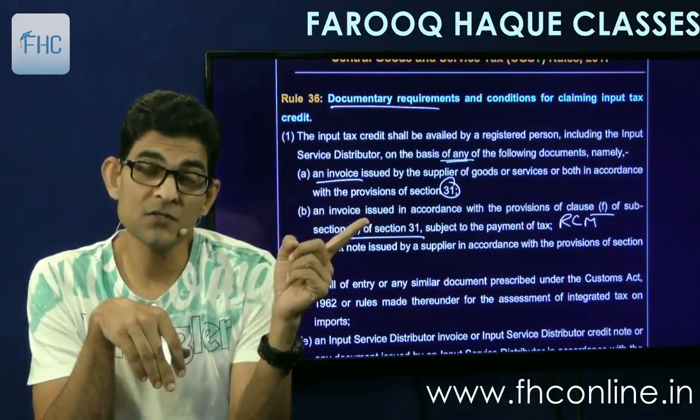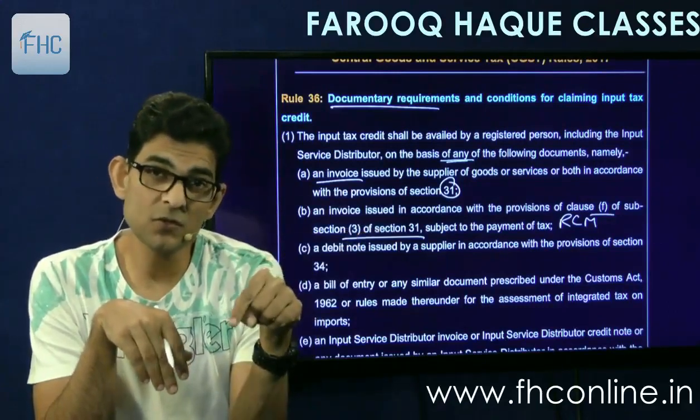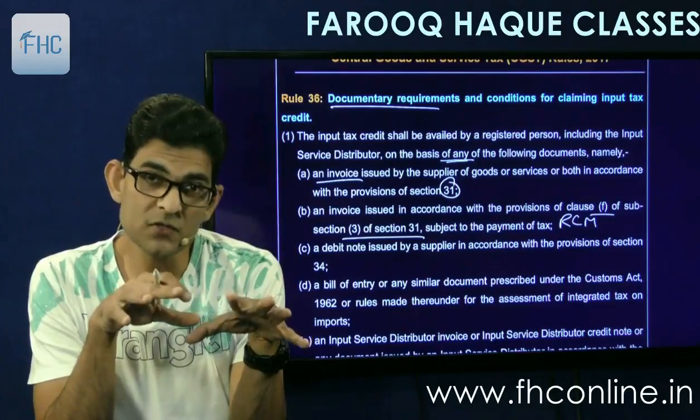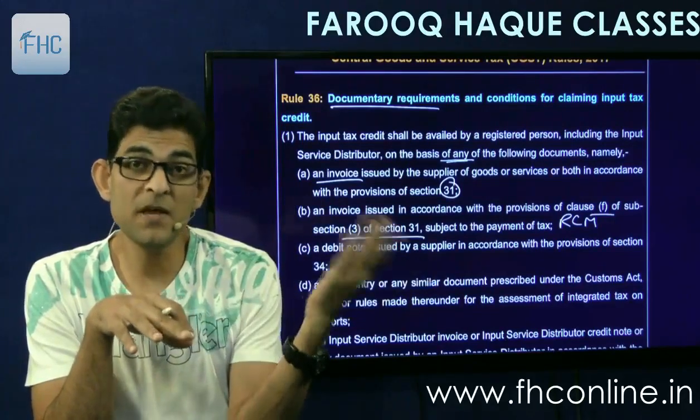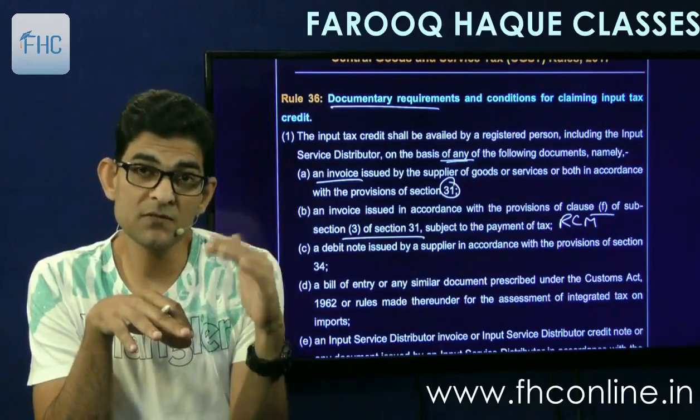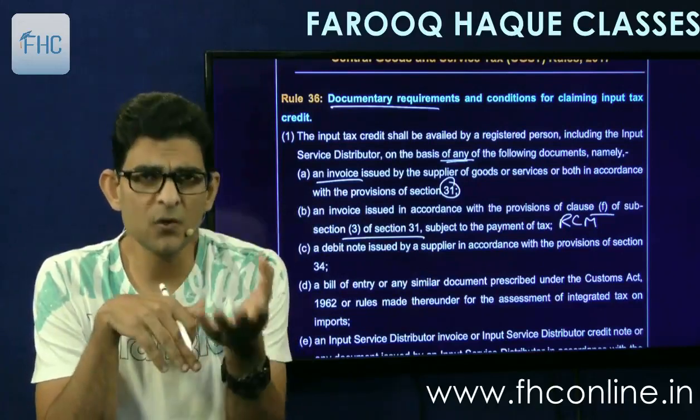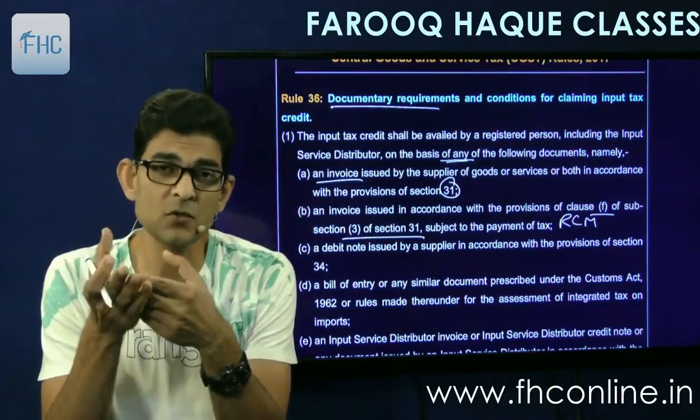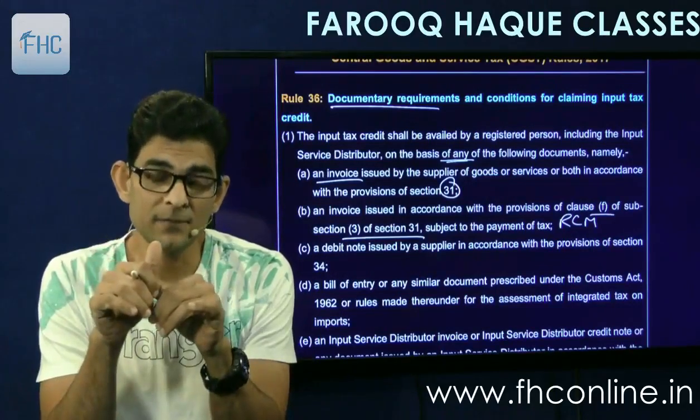And if the supplier is registered, then he will give us an invoice. So even though there is reverse charge mechanism, the supplier may give us an invoice, and if he gives us an invoice, then we don't have to make our own invoice. We just have to pay tax on reverse charge and then take credit.